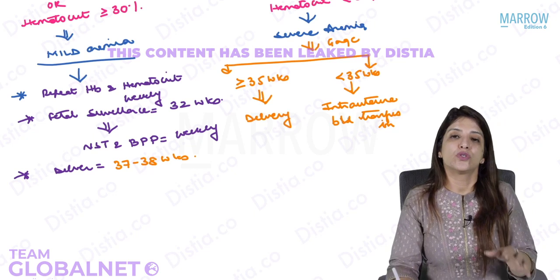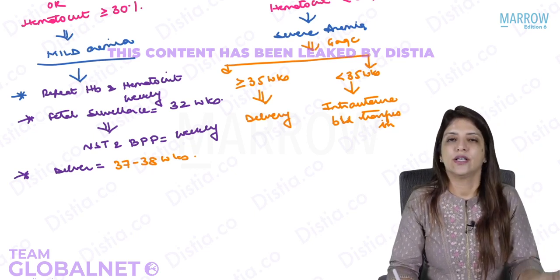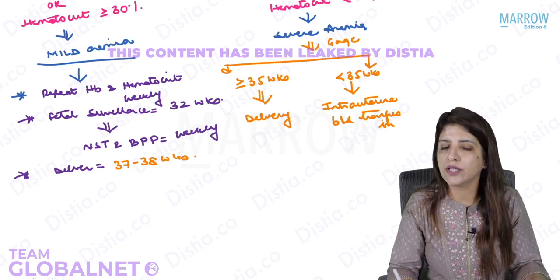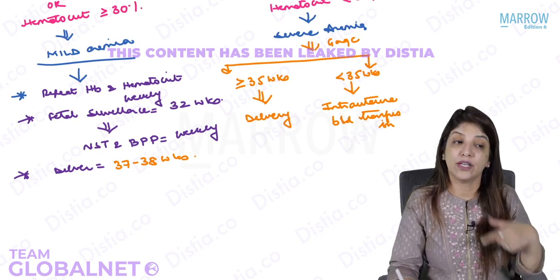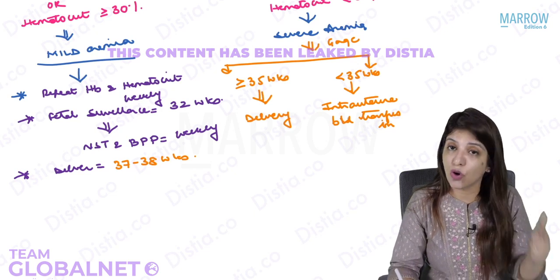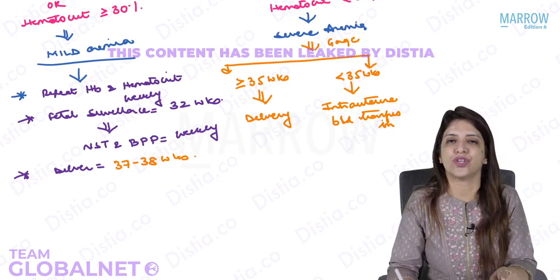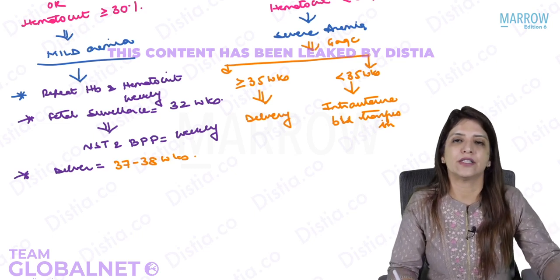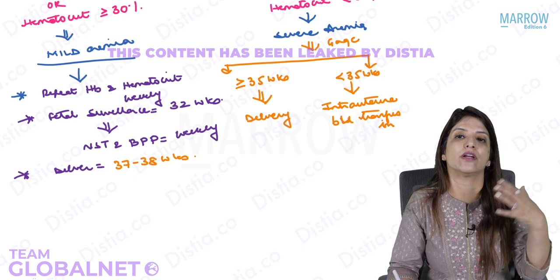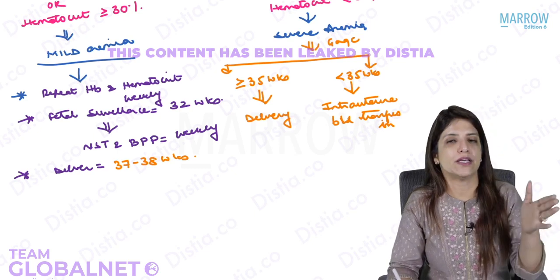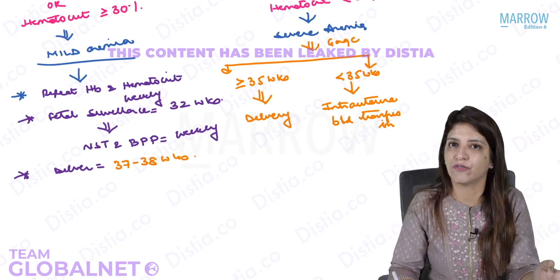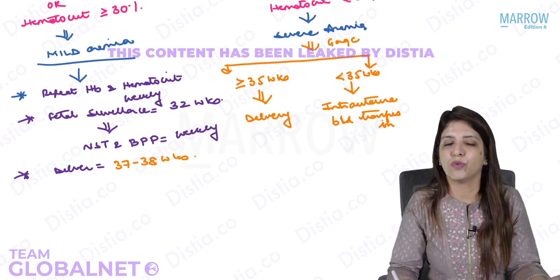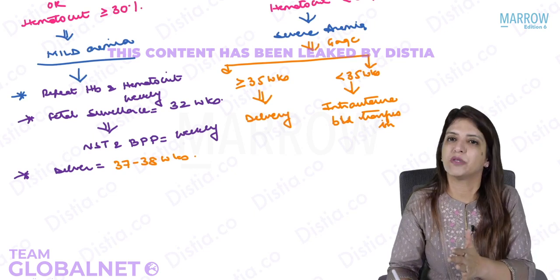Yes? So, in short, if you are having peak systolic velocity more than or equal to 1.5 MoM, the next step becomes you have to do cordocentesis, and on cordocentesis, if there is mild anemia, you have to carry on the pregnancy till 37 to 38 weeks, but under continuous surveillance, which means hemoglobin and hematocrit to be measured after every week, then fetal surveillance to be started from 32 weeks, and an NST and biophysical profile to be done weekly.